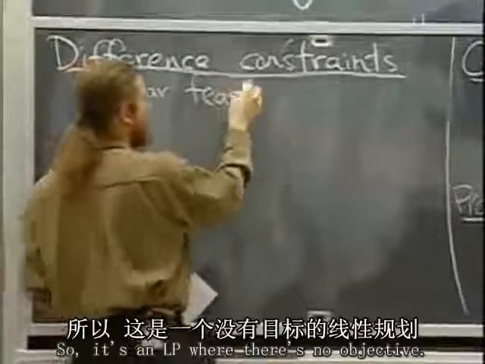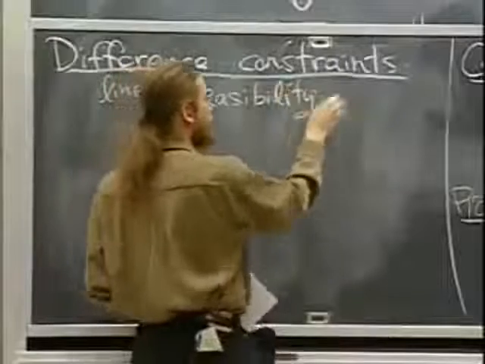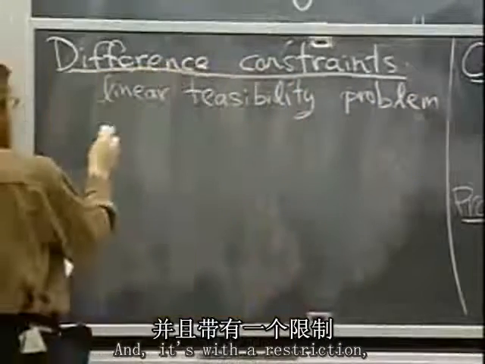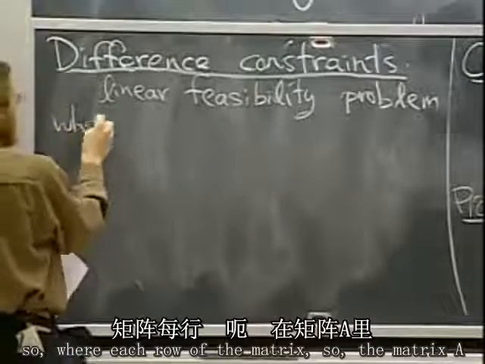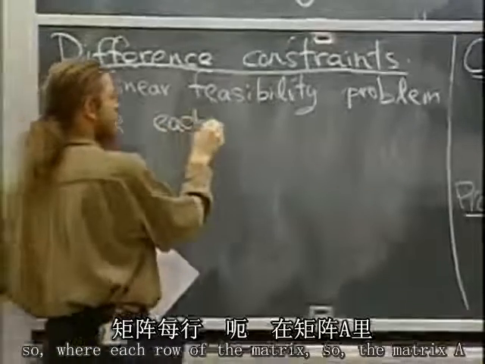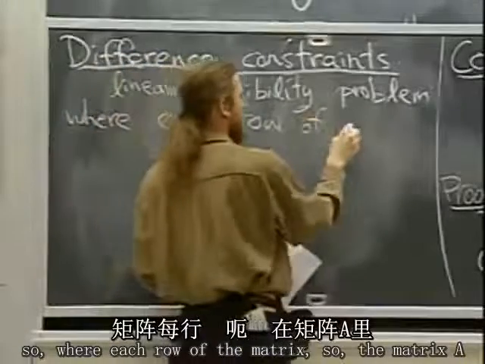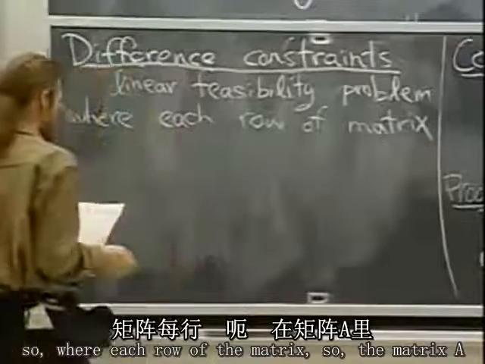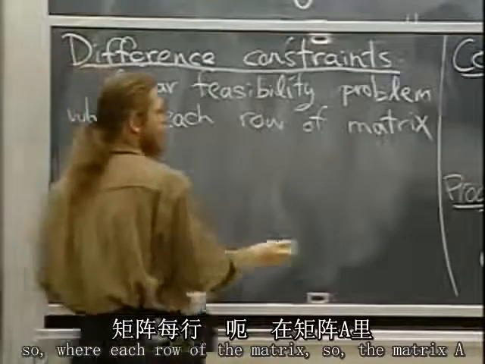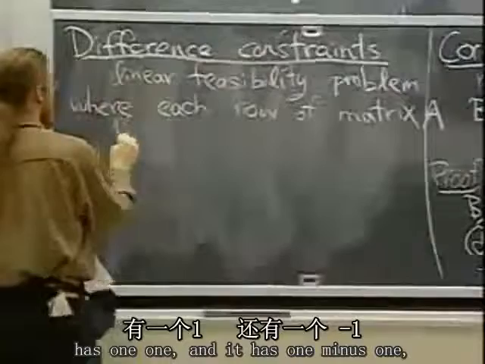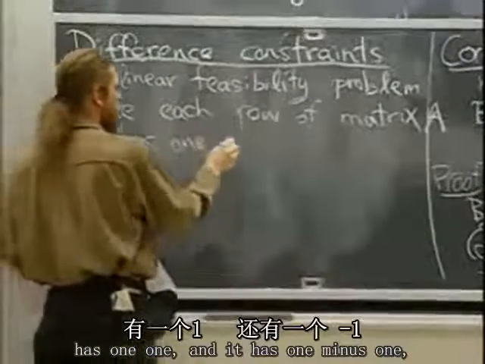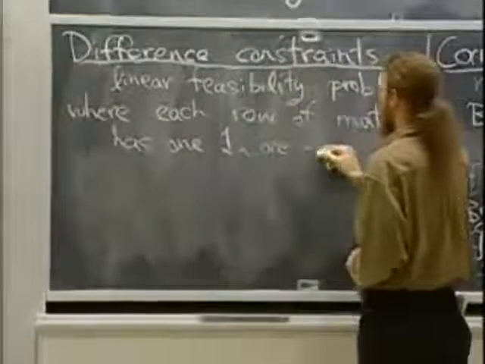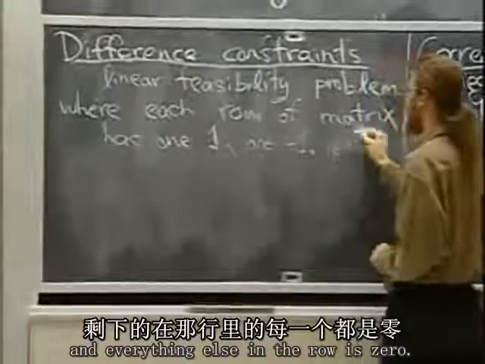So it's an LP where there's no objective. And it's with a restriction, where each row of the matrix A has 1, and it has minus 1, and everything else in the row is 0.